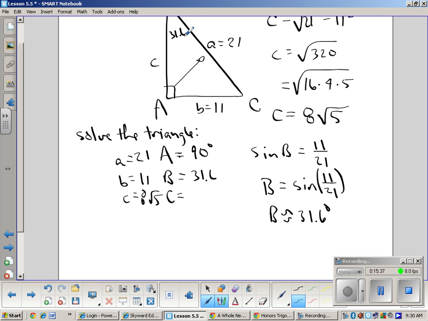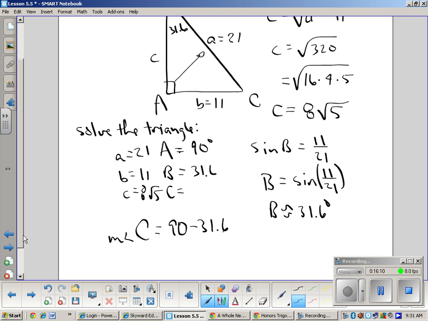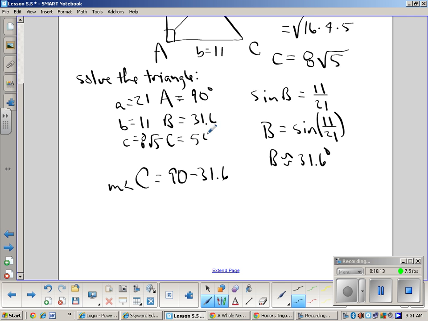And so it makes more sense to me to say that angle C is equal to 90 minus 31.6 than it does to use my trig ratios, even though it might be more accurate the other way. I think it would look silly to have 31.6 and 58.5. Because then they don't really add up to 90 anymore, do they? So what should this be? 58.4.